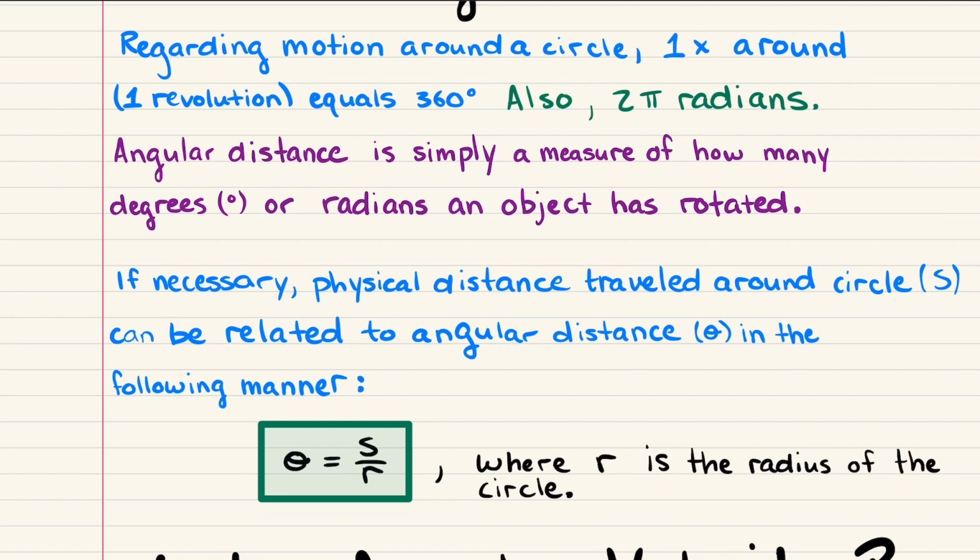We'll call that arc length, and that can be related to angular distance in the following manner. So we'll have this relationship here. Your angular distance is equal to your physical distance around the circle divided by the radius of the circle. All right, so that means also, in other words, s is really just equal to theta, your angular distance, times the radius.